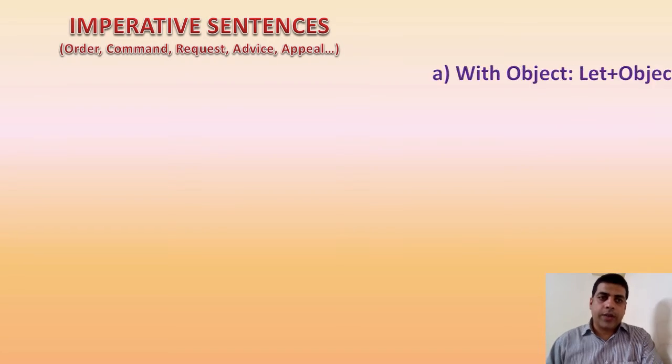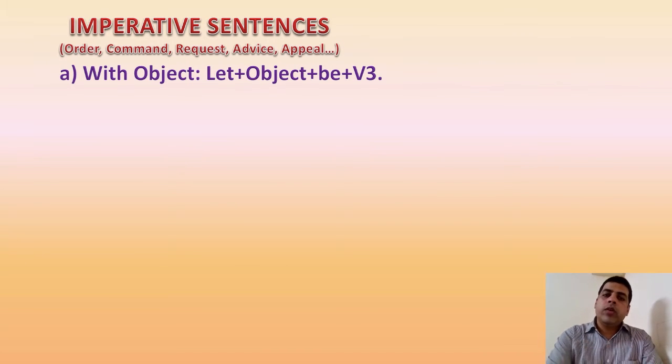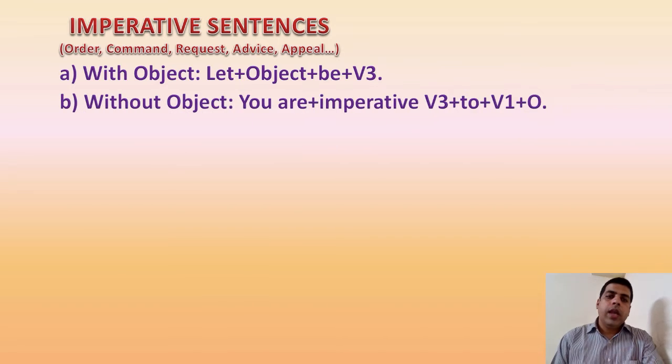Let's now start. If your sentence is with one object, as in the example I gave, shut the door, there one object is there. In that case, we can follow one method. Another case is where there is no object. If I say get out, there is no object in there.